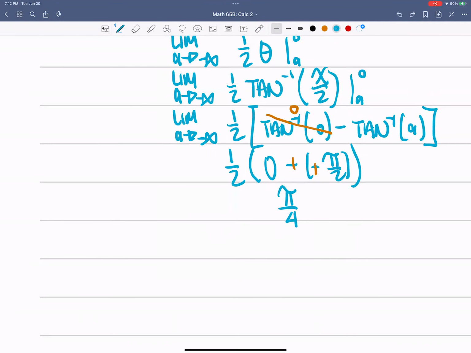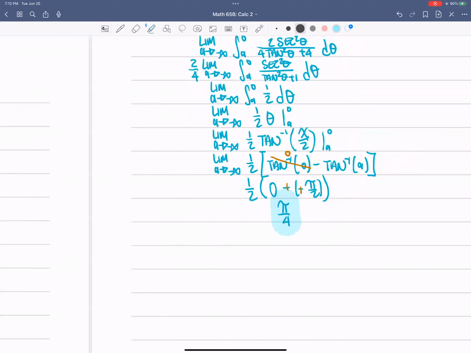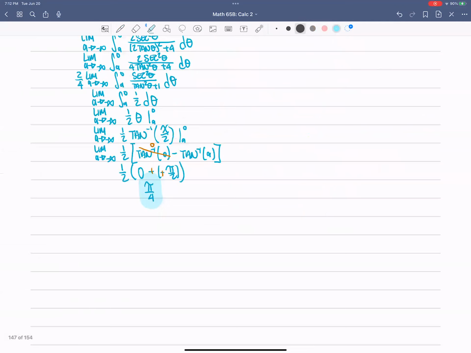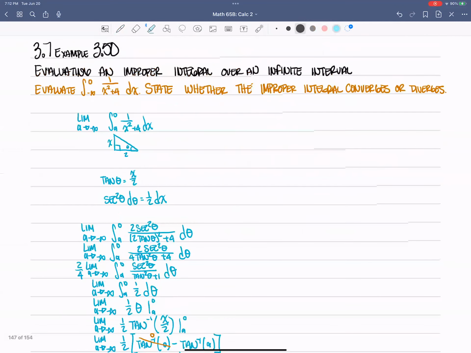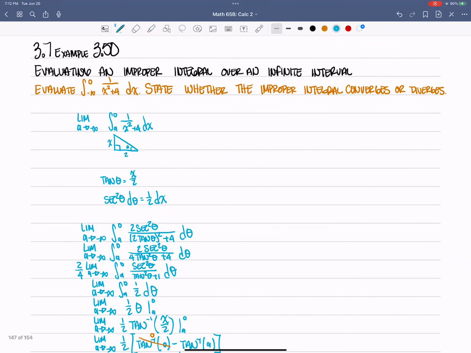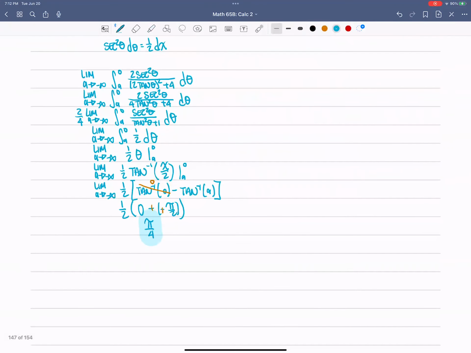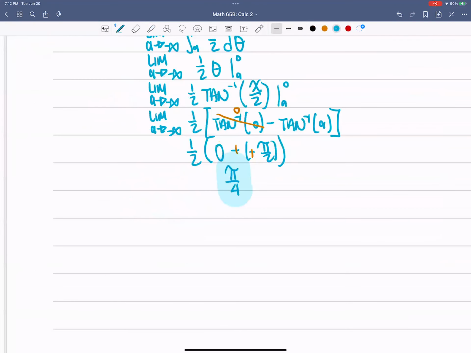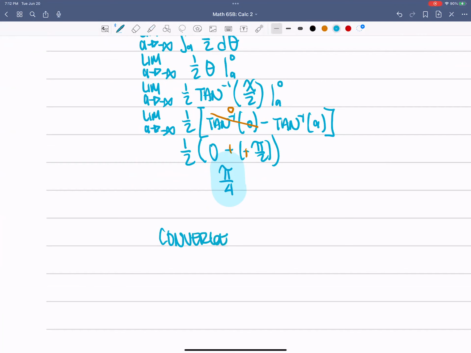And there we go, that's our solution. They ask the question, state whether the improper integral converges or diverges. So we would say that the integral converges to pi over 4. And that's our solution.